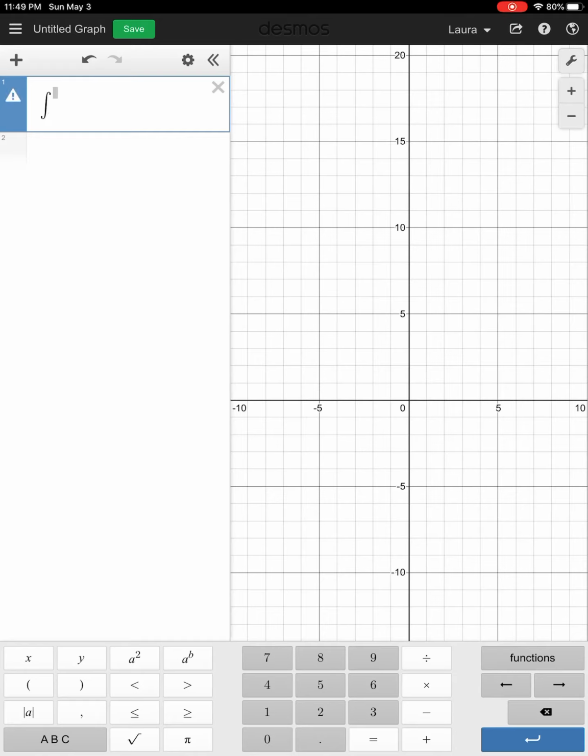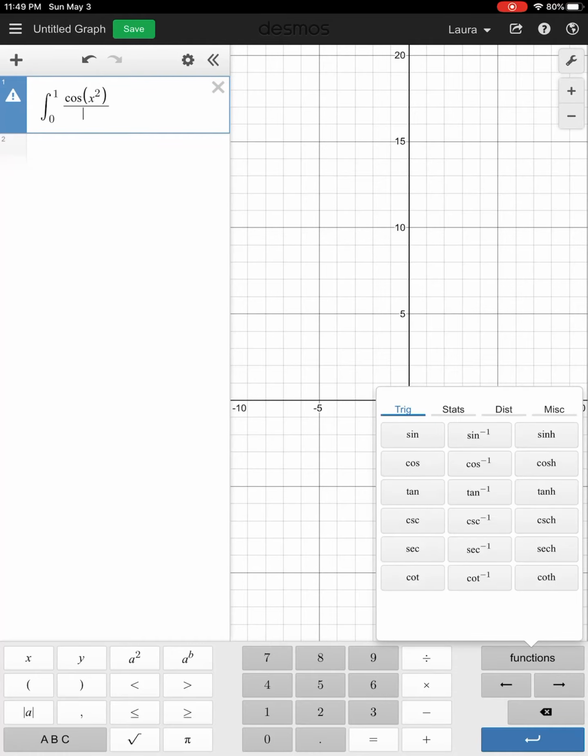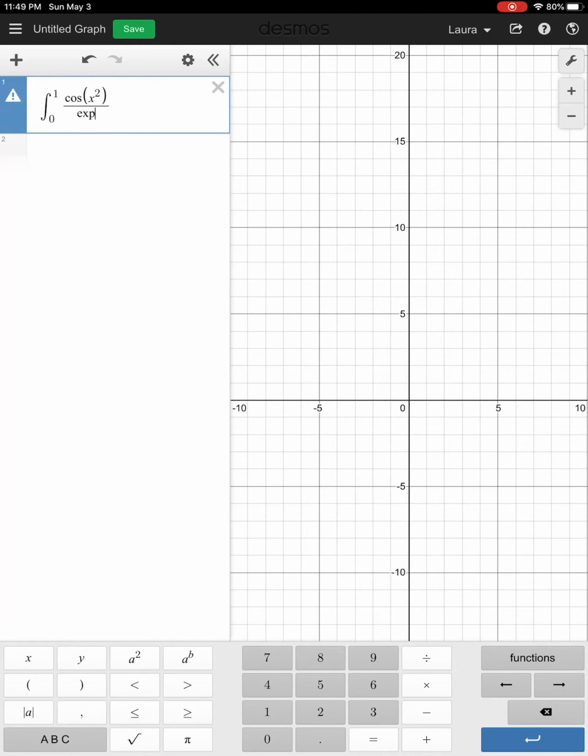So if you go to your Desmos calculator, or you can go to your calculator that's in your hand, I will put function, miscellaneous, integral, and I would put from 0 to 1, and I would put function, trig, cosine, x squared divided by e to the x.